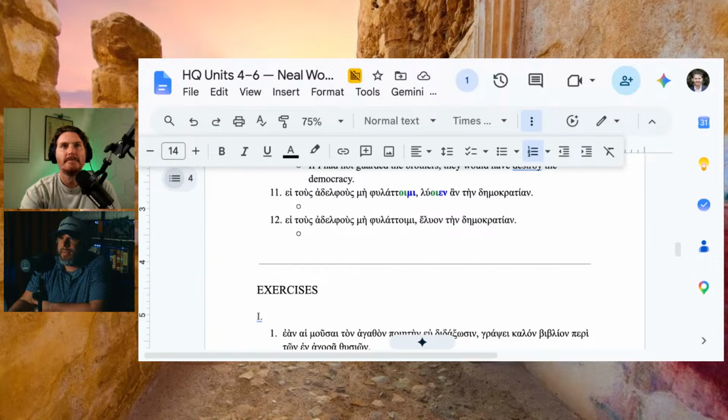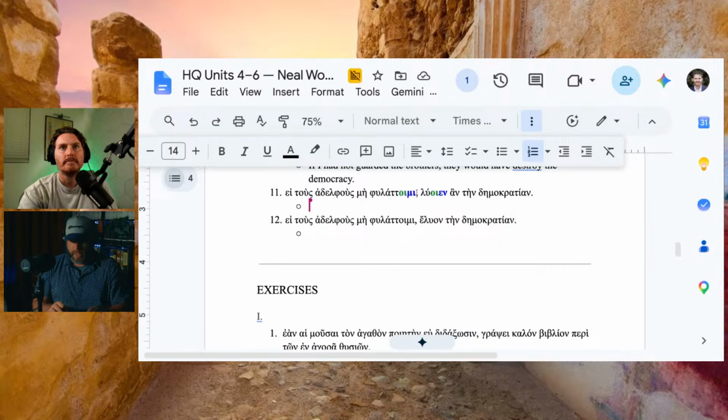Future less vivid would be if should were to. If should then would. So if, and then it's I because it's in the nominative singular.